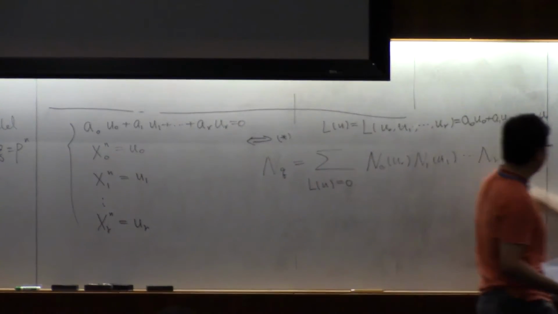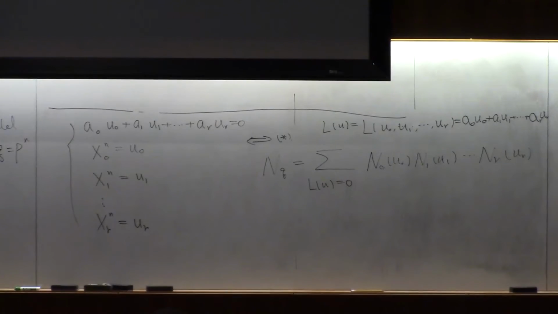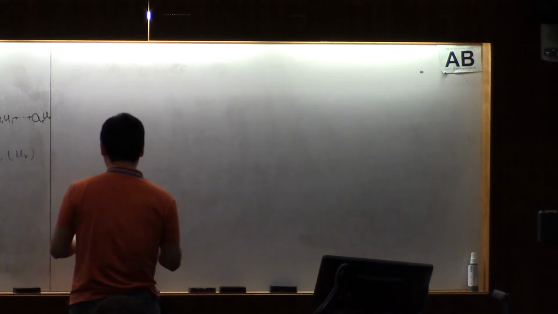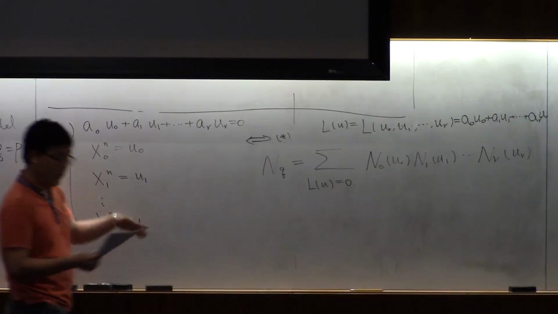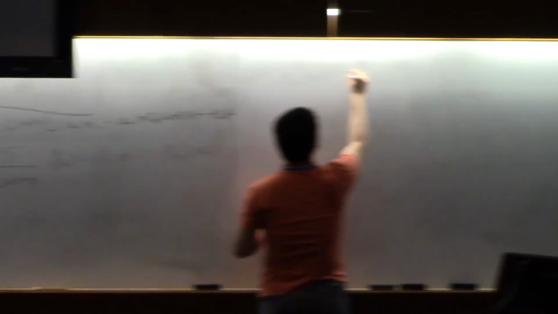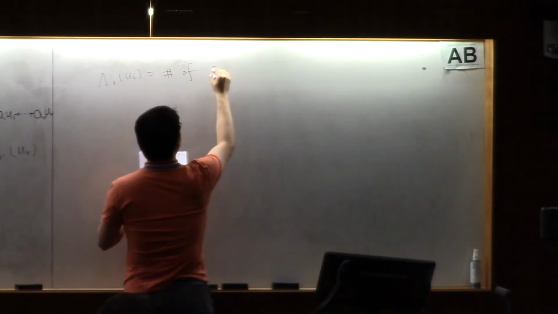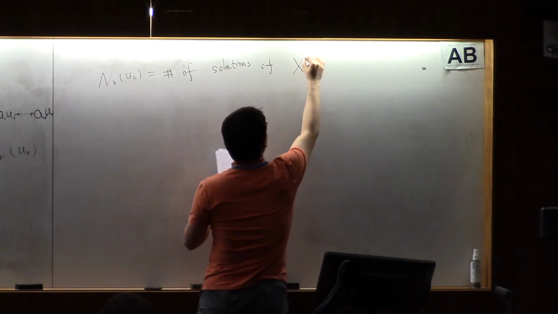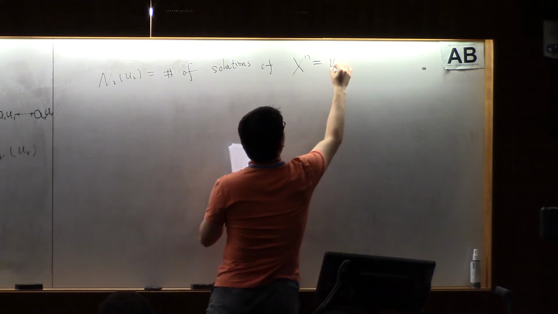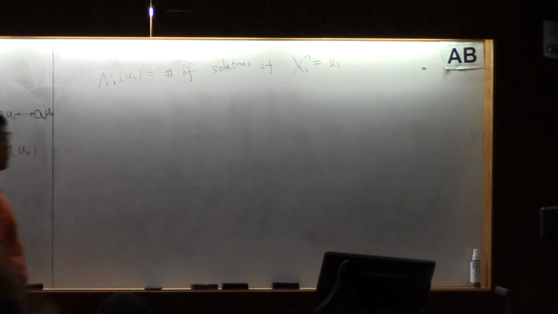Here, for each of these factors, it's just the number of solutions for each of these equations, which is the number of solutions of the equation x to the n equals u_i.